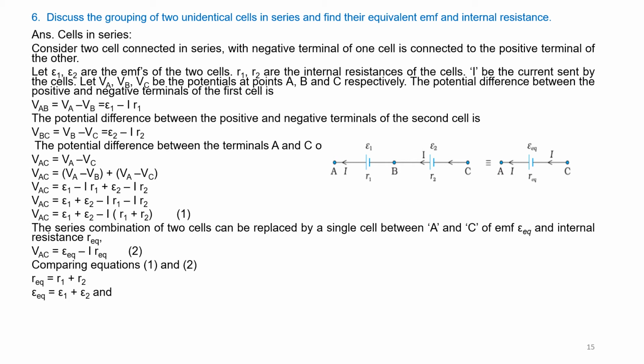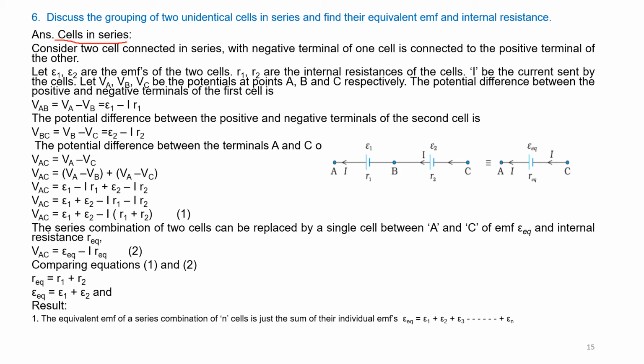So, for two cells of internal resistance R1 and R2, R equivalent is R1 plus R2, and for their EMFs E1 and E2, the equivalent EMF E equivalent is E1 plus E2 for cells in series.